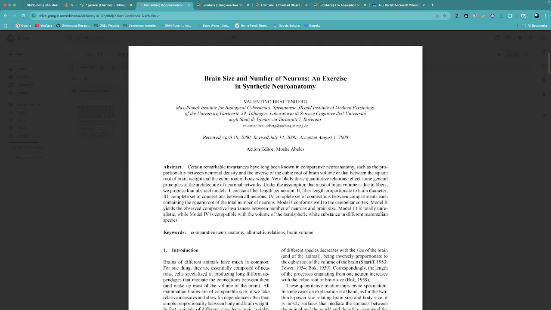Certain remarkable invariances have long been known in comparative neuroanatomy, such as the proportionality between neuronal density and the inverse of the cubic root of brain volume, or that between the square root of brain weight and the cubic root of body weight. Very likely, these quantitative relations reflect some general principles of the architecture of neuronal networks.